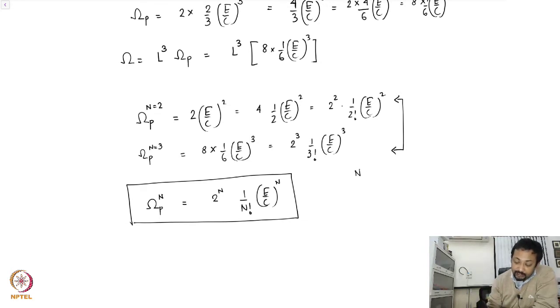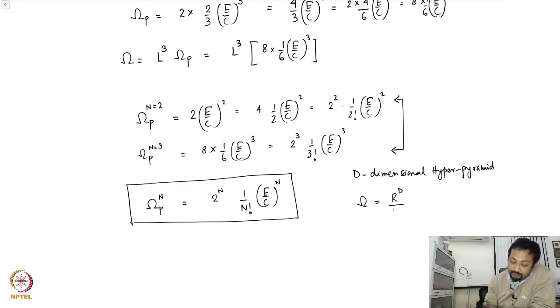For a d-dimensional hyperpyramid, the volume omega is given by r to the power d divided by d factorial, and the hyperpyramid is defined as the sum over x_i equal to r, where x_i is greater than 0.